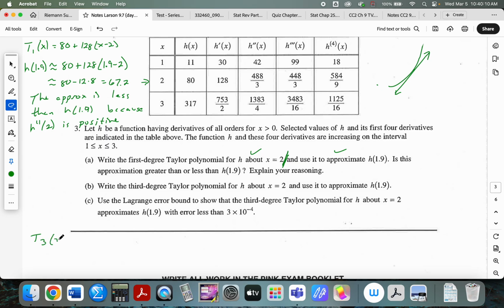T sub 3 of x will be 80 plus 128 times x minus 2 plus 488 over 3 over 2 factorial times x minus 2 squared plus 448 over 3 over 3 factorial times x minus 2 cubed.